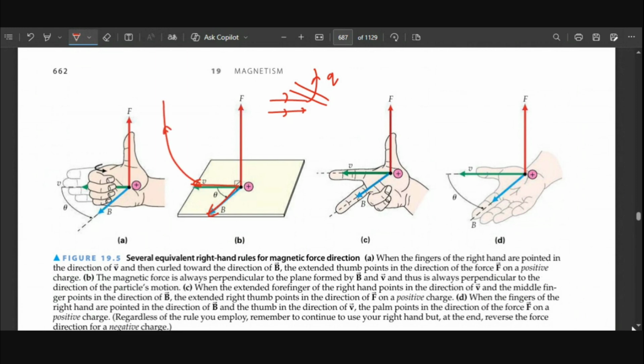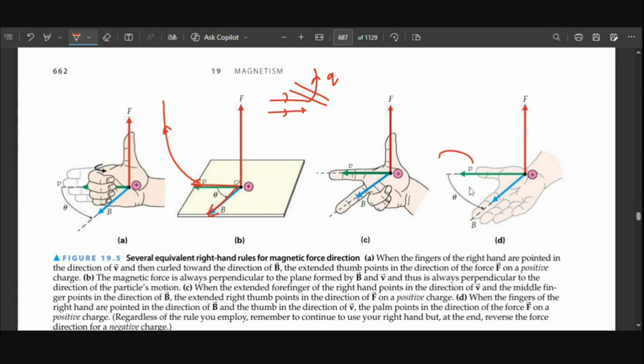So the right hand thumb rule, or you can say right hand rule, will help us to understand how we can find out the direction. In whatever direction the magnetic field is, just try to face that direction with your palm, or you can also use the forefinger to show the direction. The thumb will represent the direction of motion of the charged particle, that was the initial direction of motion.